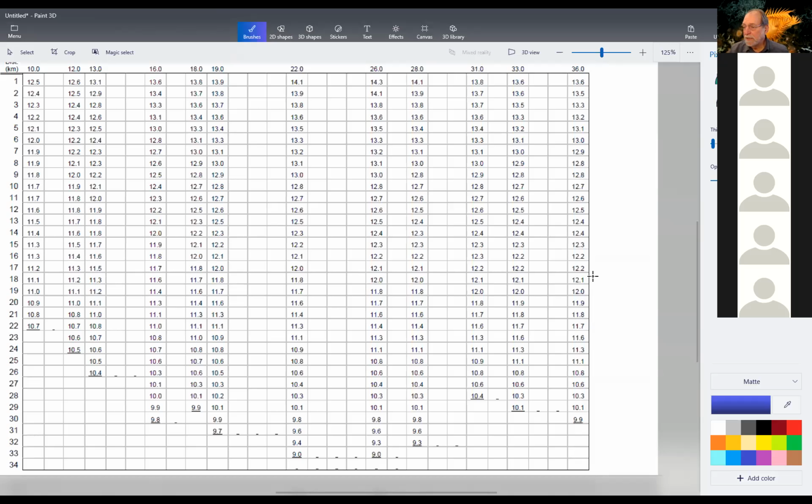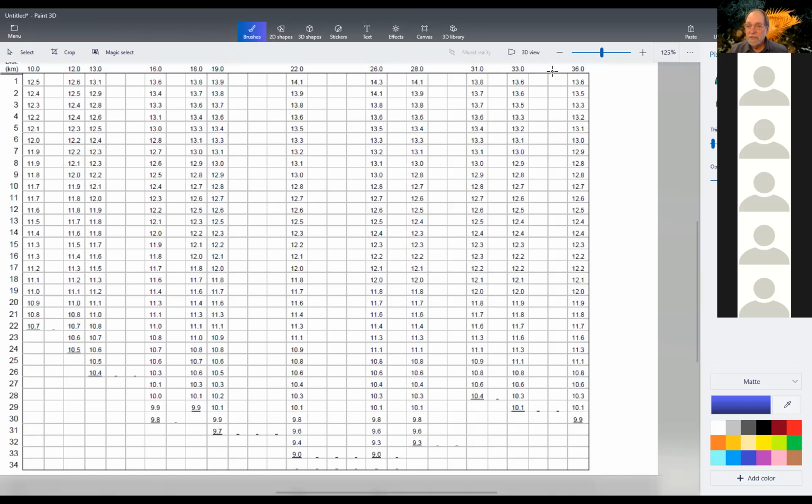Remember I talked about the CTD and the rosette? Each one of these points would be a place where the scientists or the technicians had stopped their ship and lowered one of those CTDs and rosettes over the side. And then these are the numbers that they got back from their lowering.